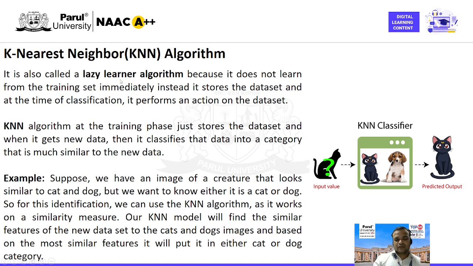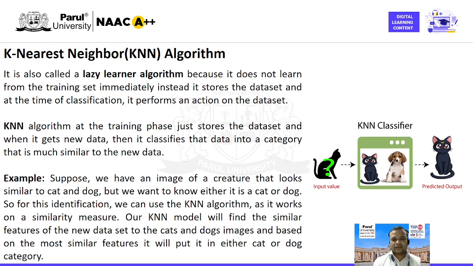KNN is also known as a lazy learner algorithm because it does not learn from the training data set immediately. Instead, it stores the data set, and at the time of classification, it performs an action on the data set.